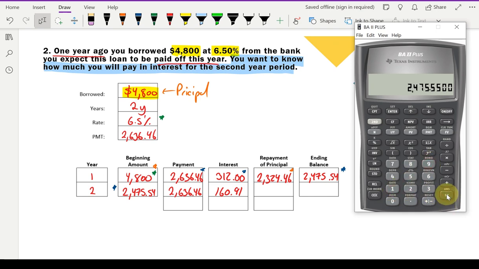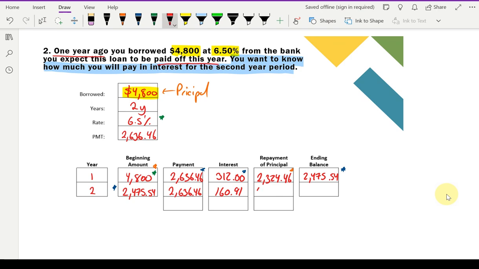So what we paid down in the principal payment should match exactly what we started off with. So $2,475.55. Now we're going to subtract this from this, and we're going to get an ending balance.